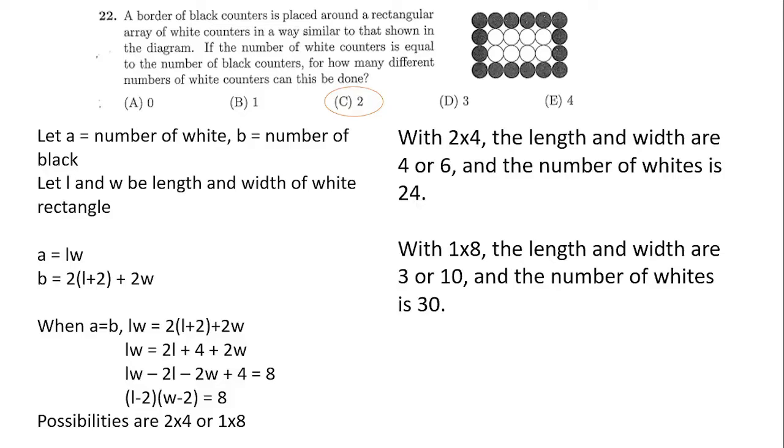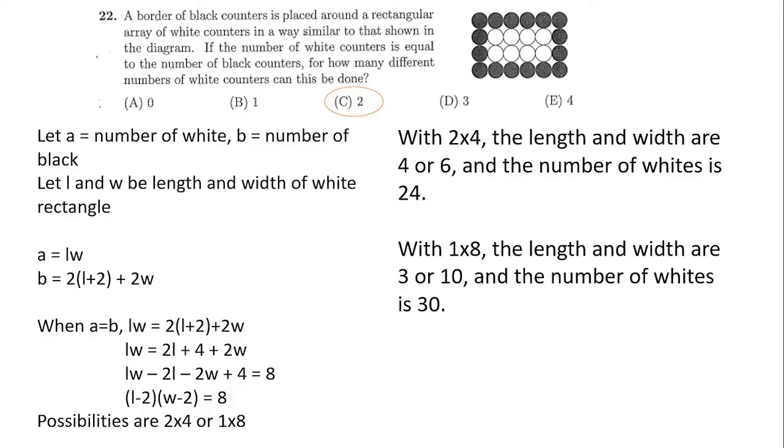So A equals length times width, B equals 2 times length plus 2 times width. When A equals B, length times width equals 2 times L plus 2W. Now we expand the brackets, collect like terms, factorize this, and we get (L minus 2) times (W minus 2) equals 8.